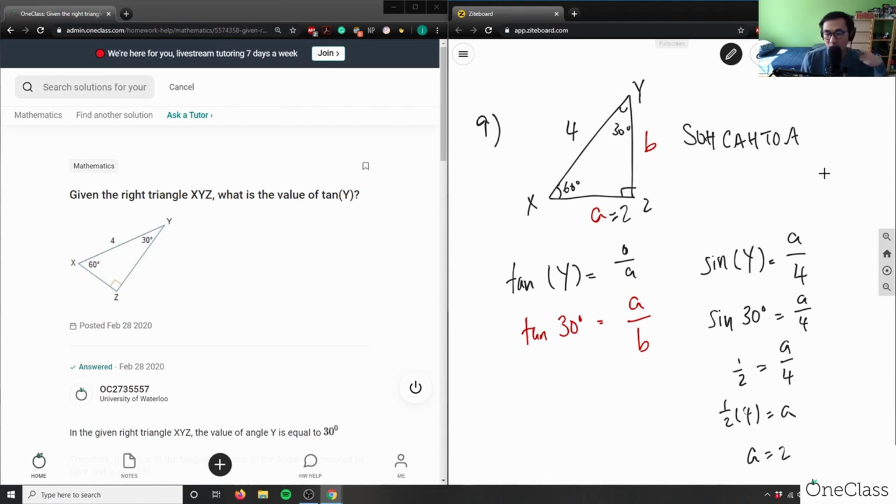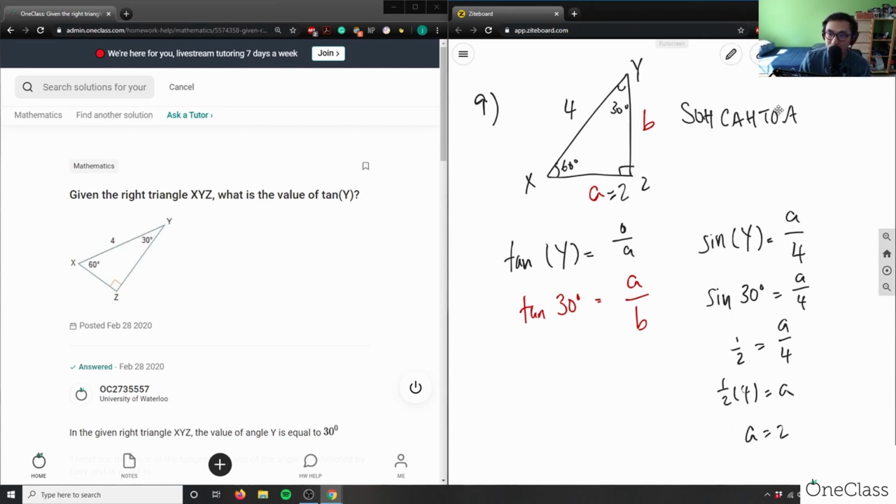Because I now have one unknown instead of two, I can solve for my problem. Knowing that A equals 2, I can rewrite this as tangent 30 degrees equals 2 over B, where B is my unknown. I can multiply both sides by B, so B times tangent of 30 equals 2.